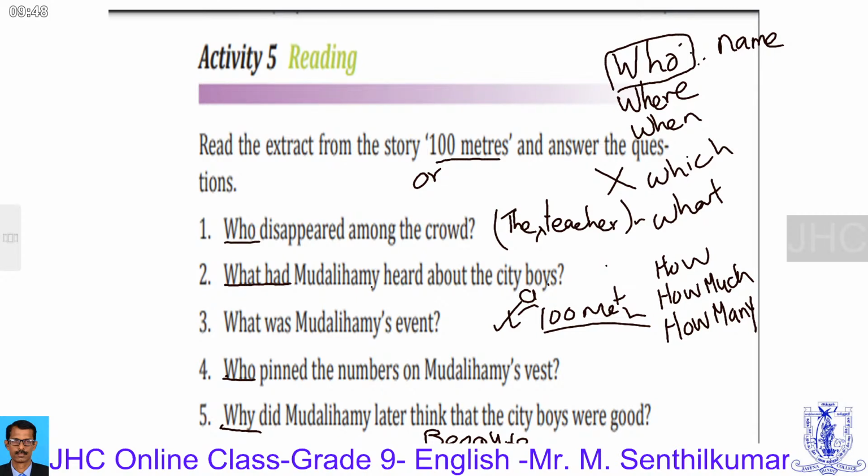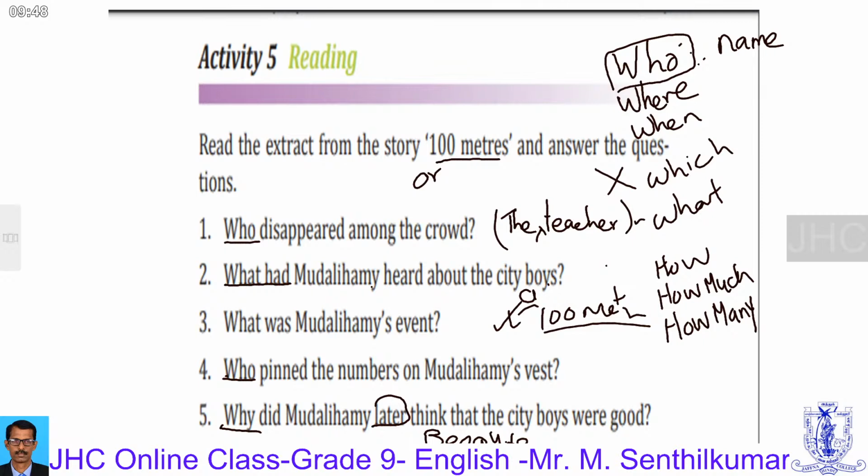Why later? Later means after. Think that the boys were good. Why finally does he think that the city boys were good? Why? What is the reason? Yeah, because they congratulated him or they wished him, right? That is the reason. Encouraged him, right, okay.